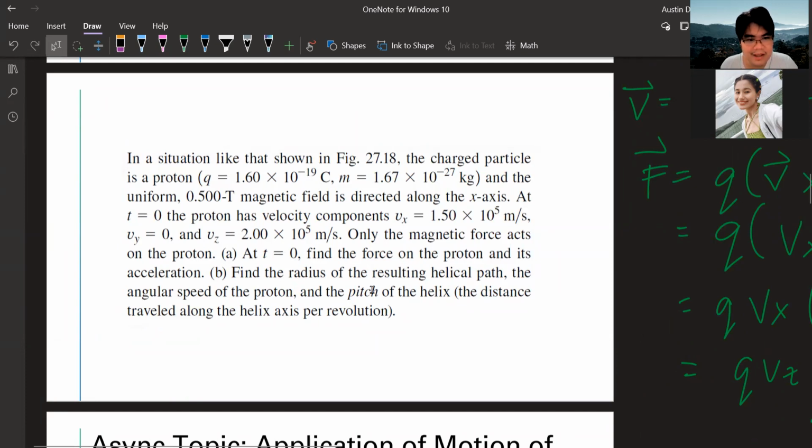Okay, so yung bago lang dito would be finding the pitch of the helix. So that would be the distance traveled along the axis per revolution.